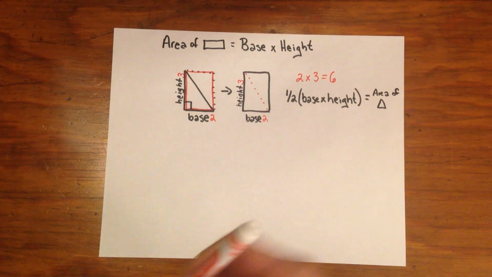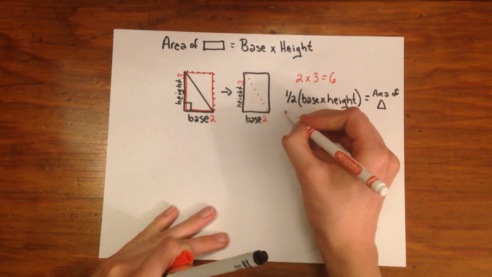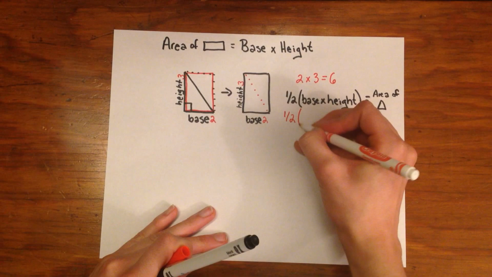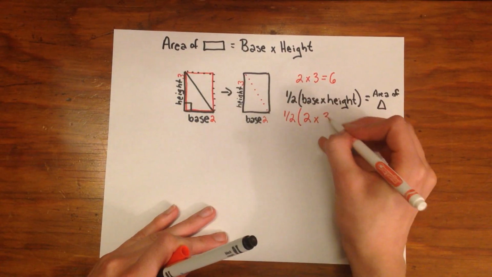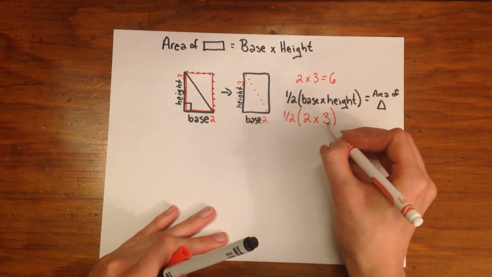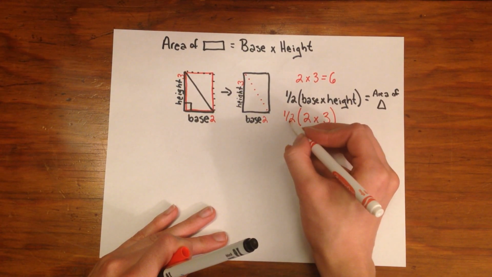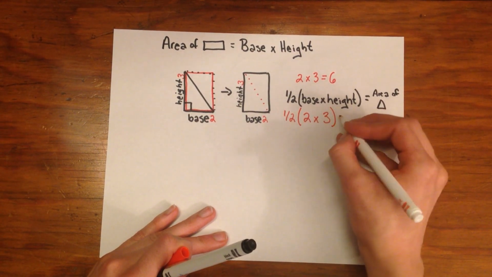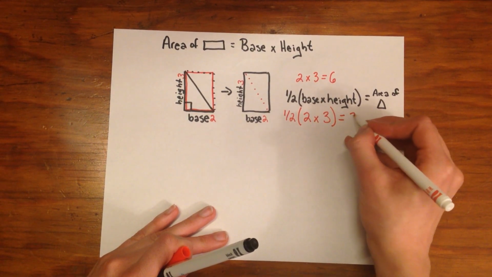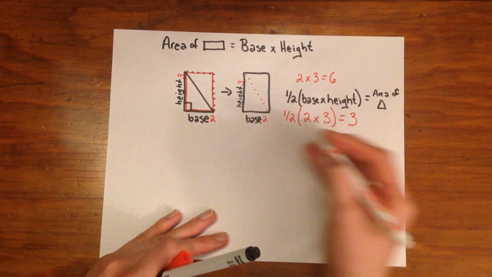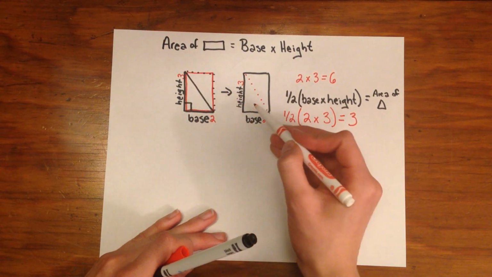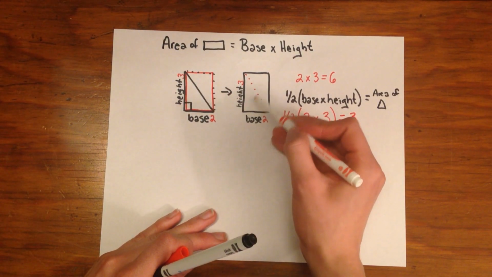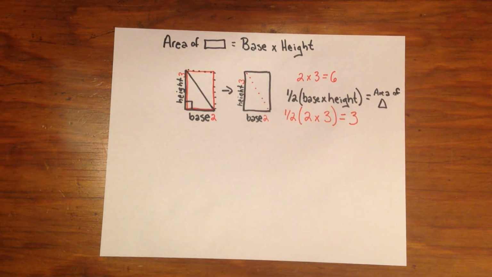So let's try it out just to make sure it works. So we've got 1/2 times our base, which is 2, times our height, which is 3. 2 times 3 is 6. Multiply that by 1/2, which is really just dividing by 2, remember. It's going to give us 3. So we can see that 3 is the area of this triangle here, and that 3 plus 3 is going to give us 6. It checks out.